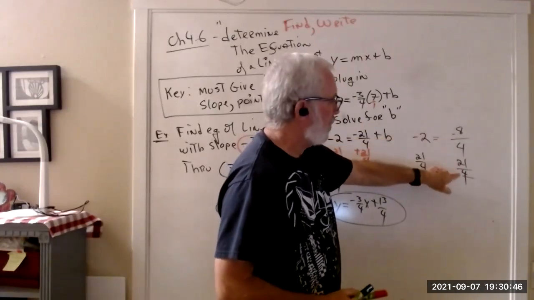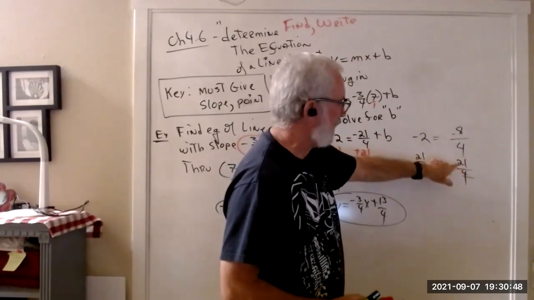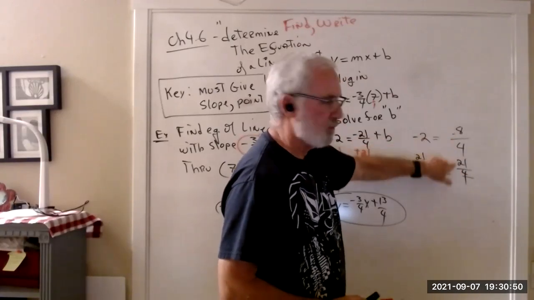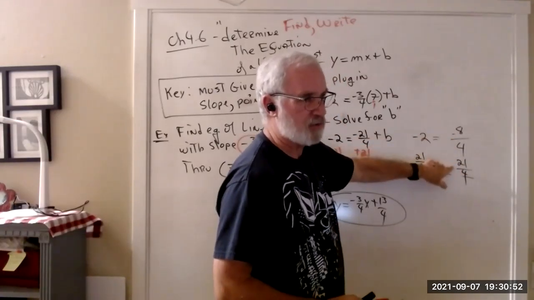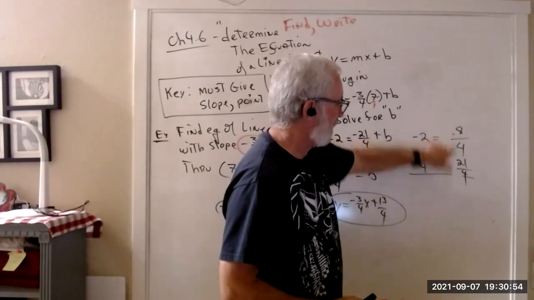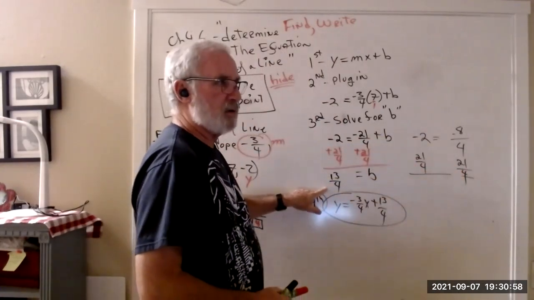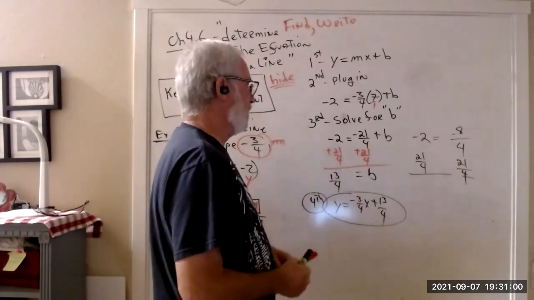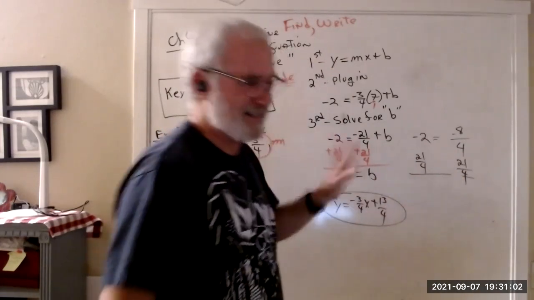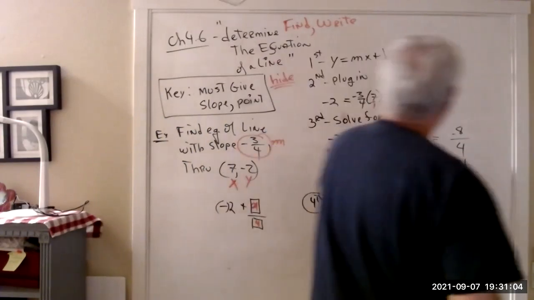Now, when you add fractions, you're supposed to add the numerators. Well, this is actually subtract because one's positive and one's negative. So that's how I got 13. Keep the denominator. So just get a common denominator. That's technically what I did.